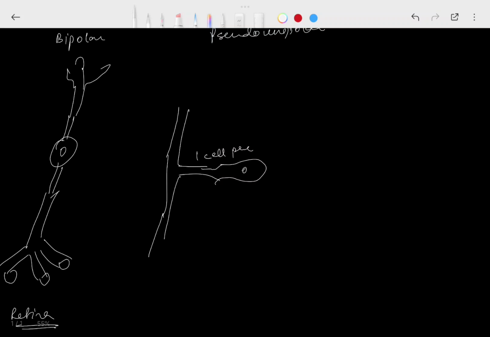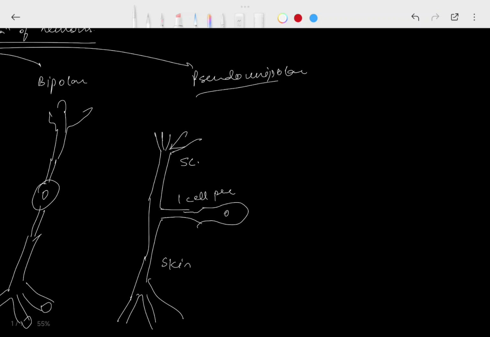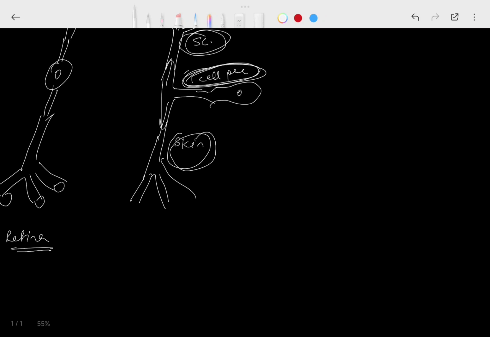One end will go to the skin and one end will go to the spinal cord. It is giving rise to only one cell process, but it is splitting after that. It is found in the dorsal root ganglion of the spinal cord.